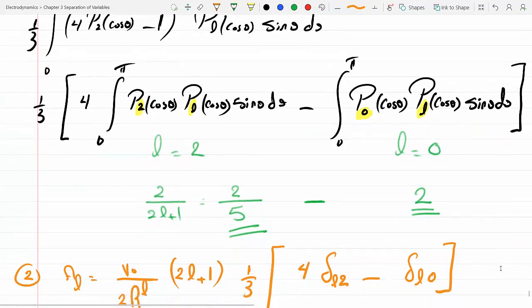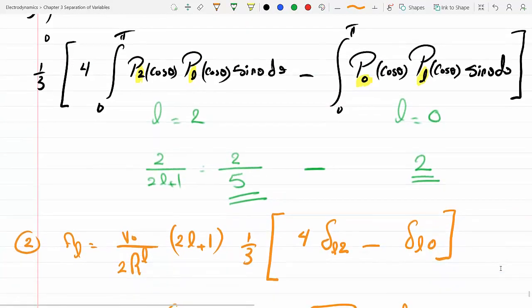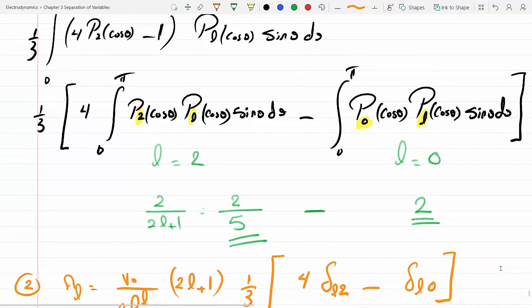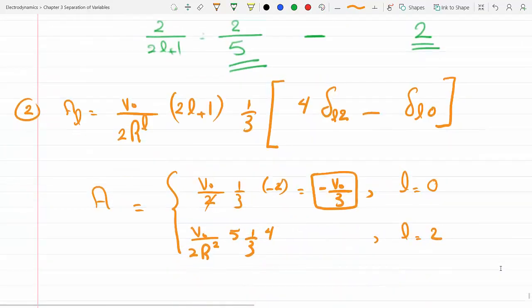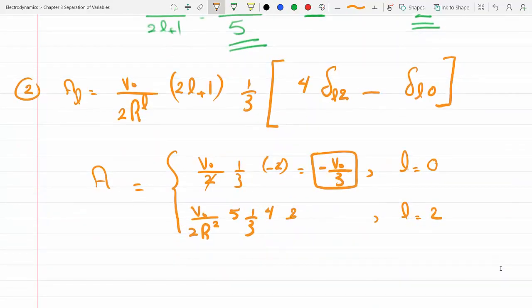Wait one second, where did this 4 come from? Yeah, I have 2/5, 4 and 2/5. Okay, so this goes away, and I will get 4V0 over 3R squared. So these are my two answers for my AL.